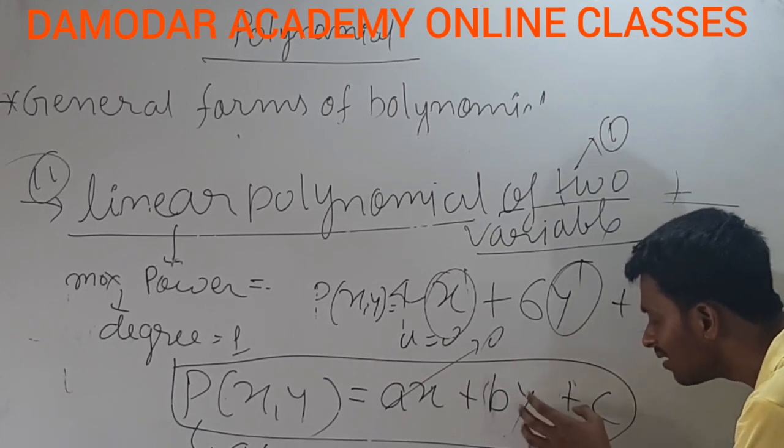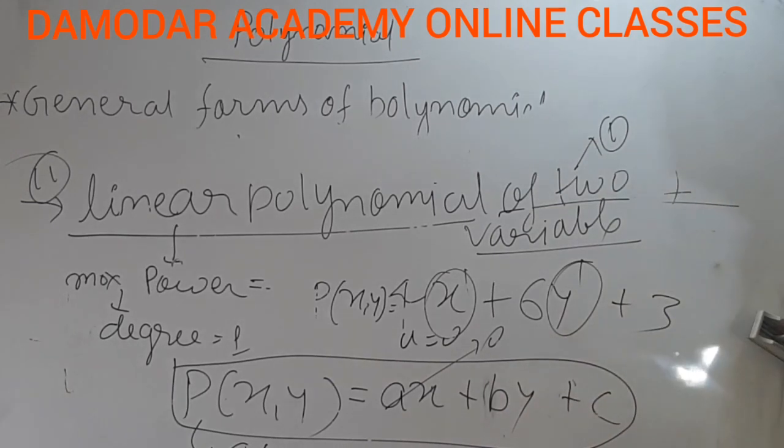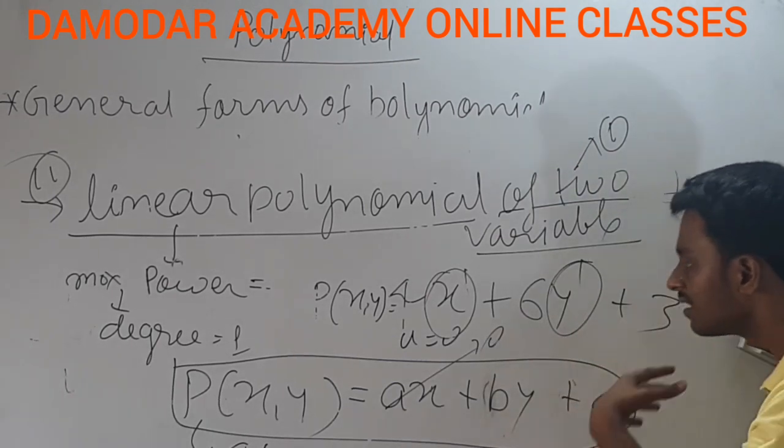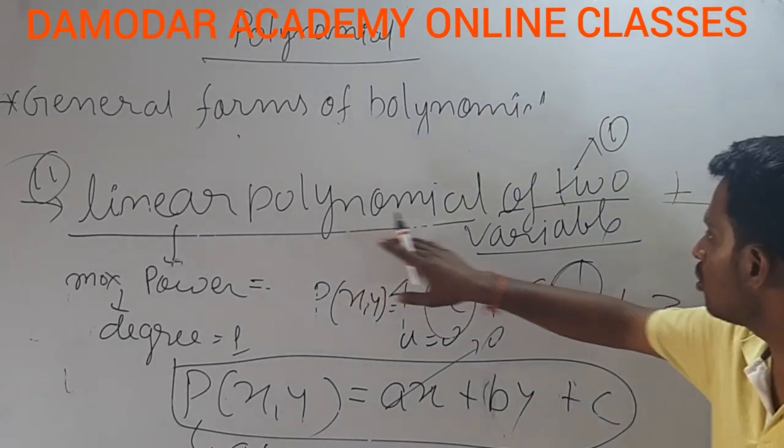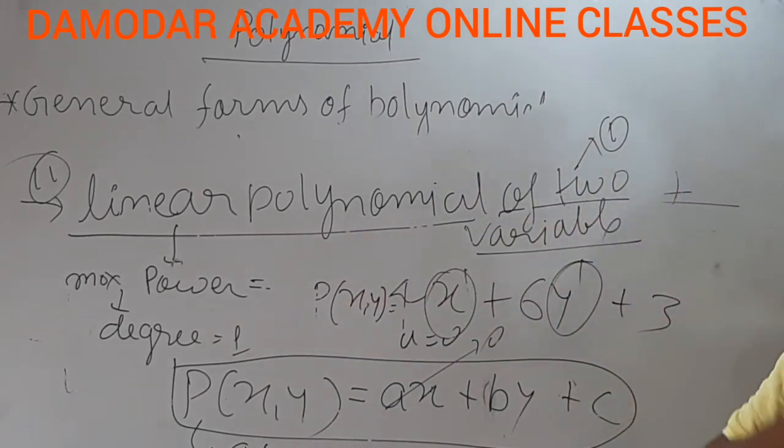Now there is only one variable for this case, and that variable is what? Then this expression will get converted into a linear polynomial of one variable.